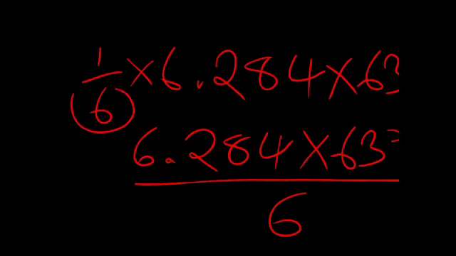Okay, so we can punch on the calculator 6.284 times 6,370 divided by 6.